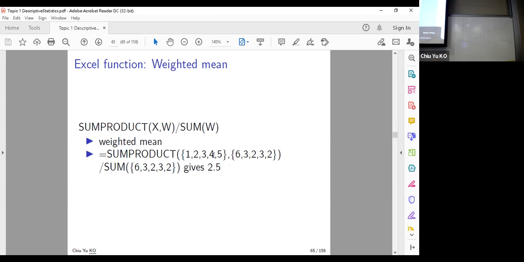And this is actually the formula we have for the weighted average. Basically it's W1 X1 plus W2 X2 plus up to Wn Xn, divided by the sum of the weights W1 and so on.